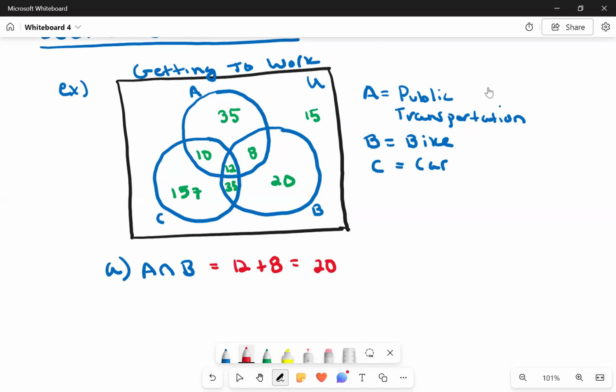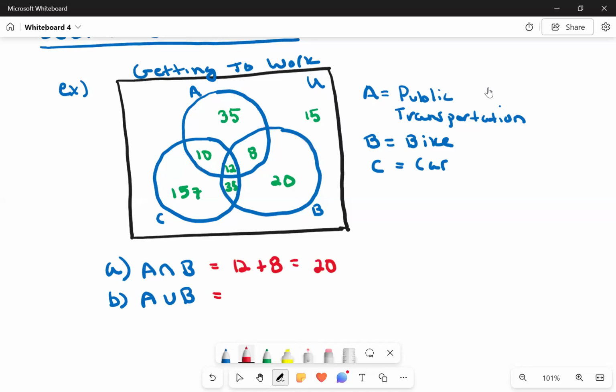Now let's find A union B. Union implies that we are taking the elements in both sets and combining them together. Visually, A union B is all of A and all of B. So all the people that are in those two sets, we're going to combine together. I'll list that out.